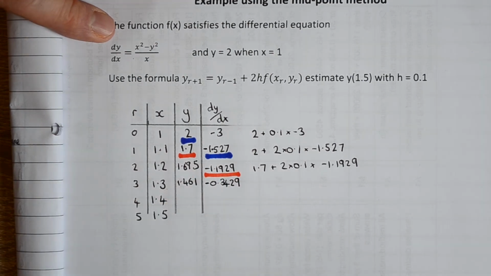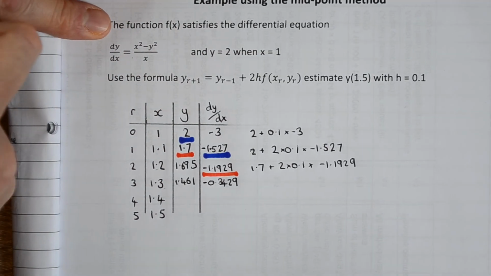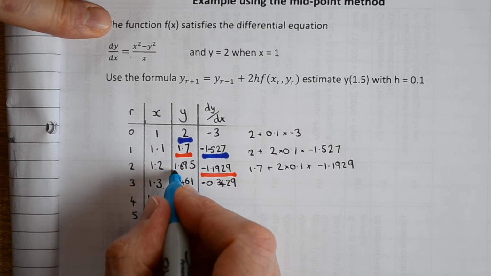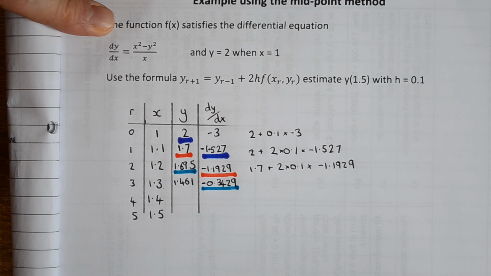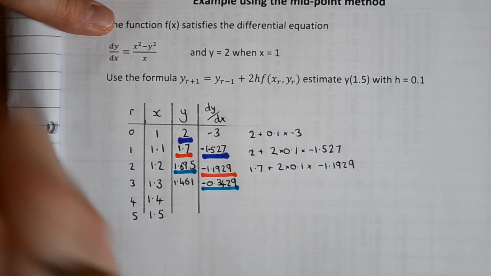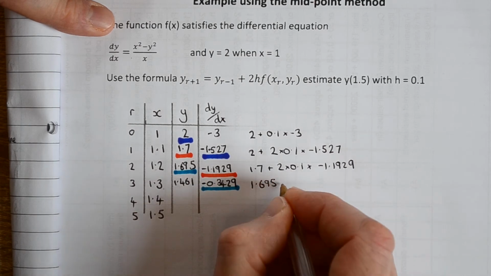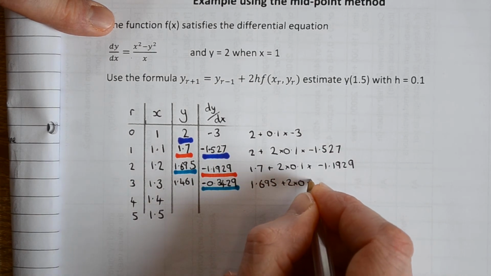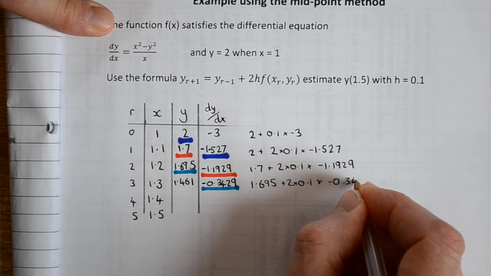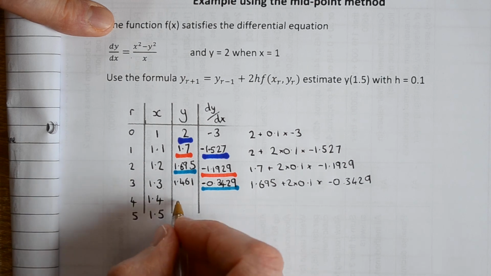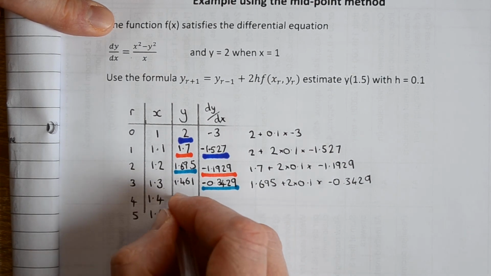Now we can take the double step and go from 2 y values back and take 2 steps at that gradient. So 1.695, 2 steps at the subsequent gradient. And our value here is 1.626.